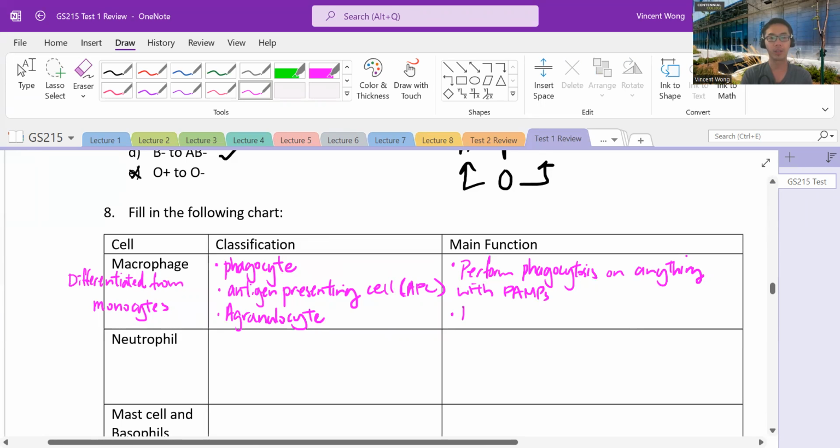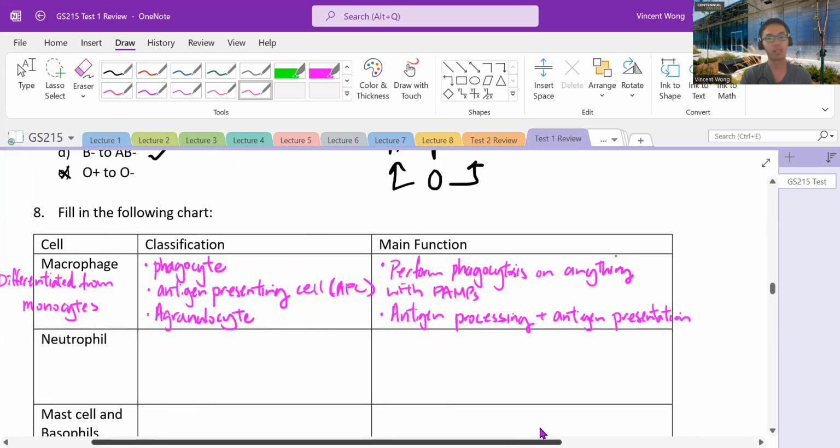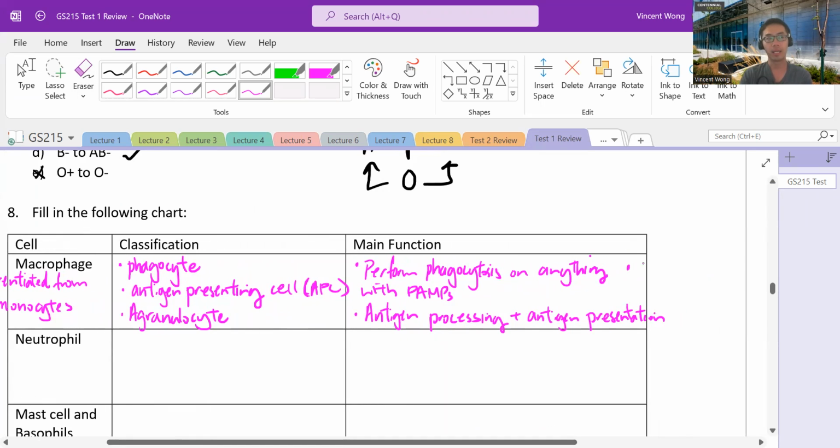Okay, they could do antigen processing by putting whatever they eat on their surface, plus antigen presentation, showing it to the naive cells, for example. And of course, they can activate naive T cells. There you go.